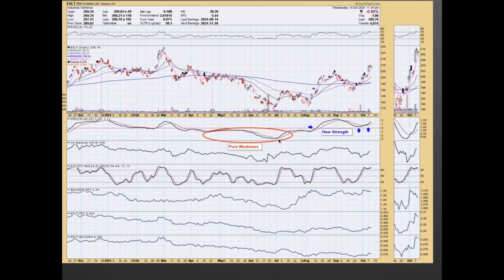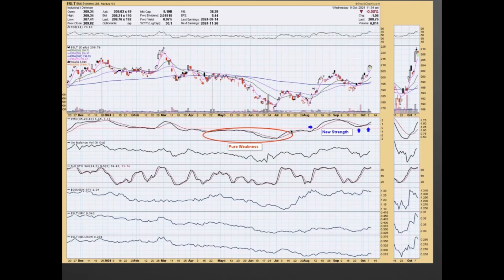Now back here, we did get that crossover buy signal, and we did get some upside out of it. But remember, it's well below the zero line, so we can't expect that much upside to come out of it. Now we could get a lot of upside out of it, but it's below the zero line, so we have to be more careful about our expectations.